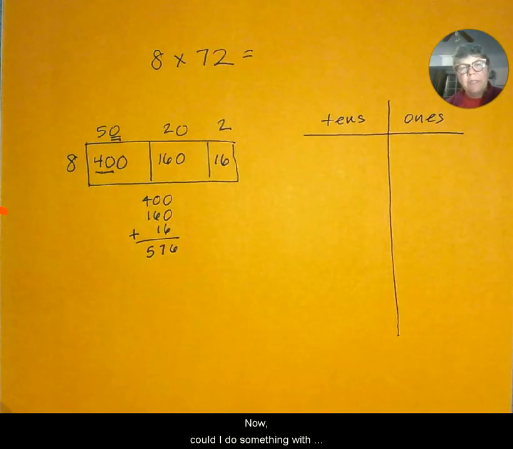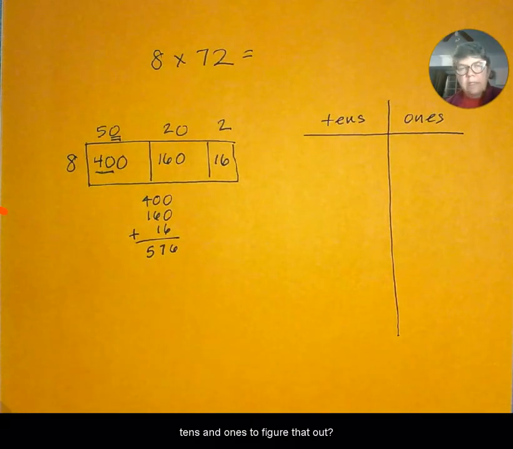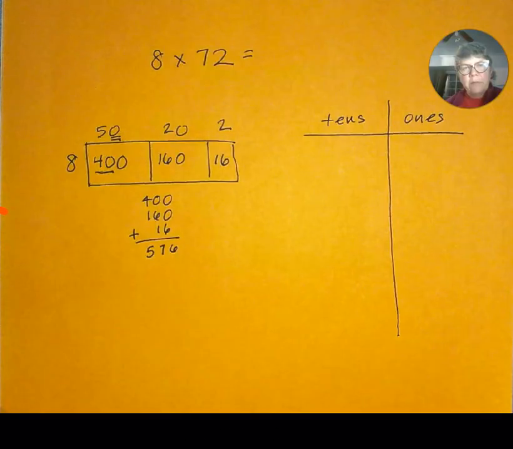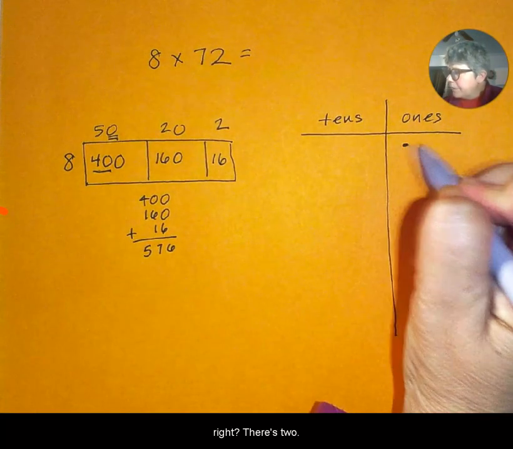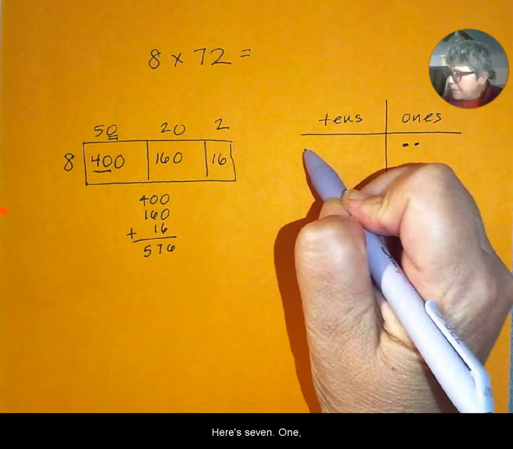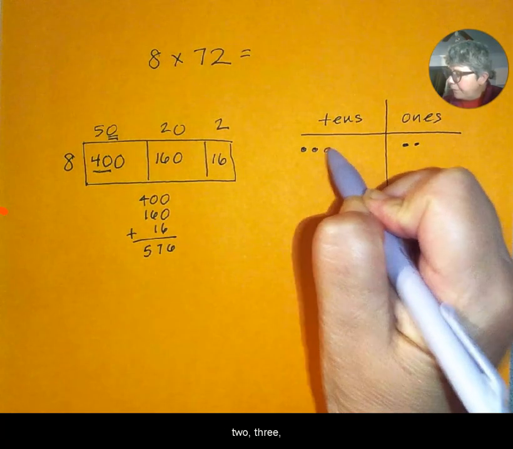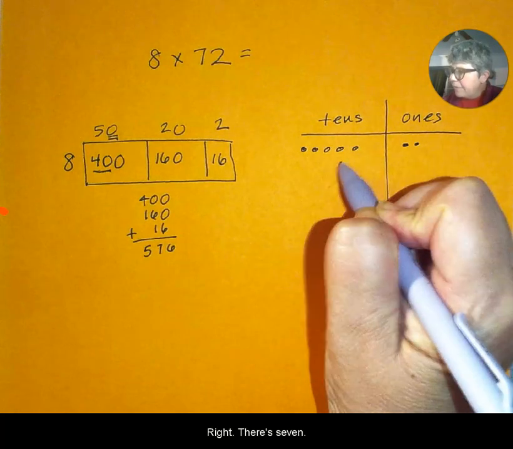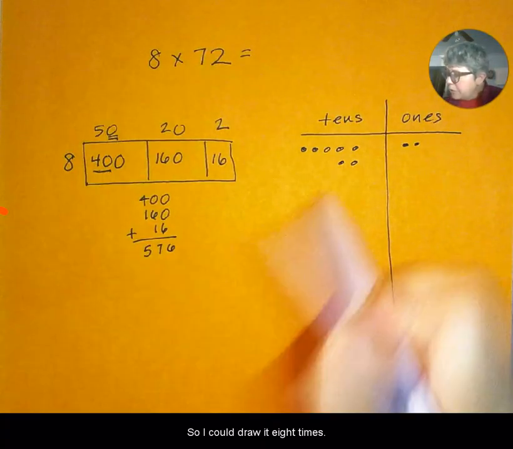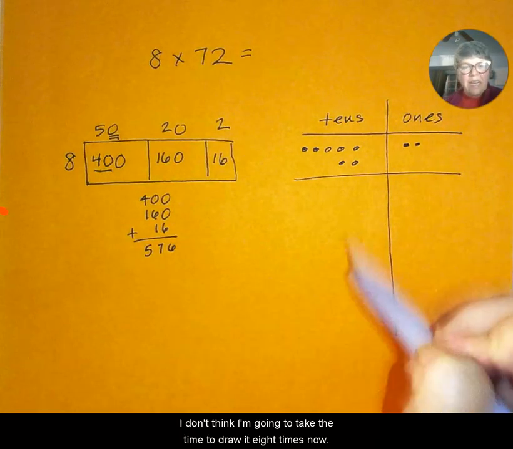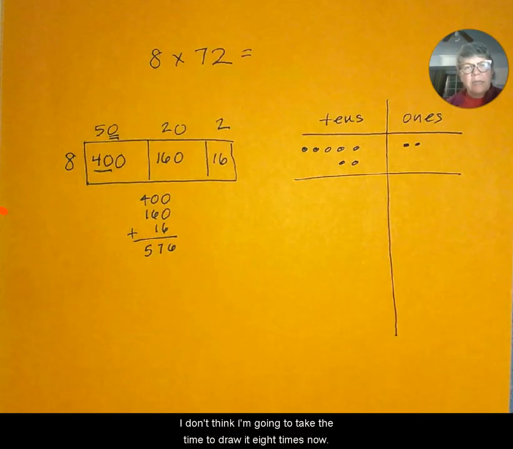Now, could I do something with tens and ones to figure that out? Well, 72, right? There's 2, and here's 7. 1, 2, 3, 4, 5, 6, 7, right? There's 7. Now I need 8 of those. Okay, so I could draw it 8 times. I don't think I'm going to take the time to draw it 8 times now.